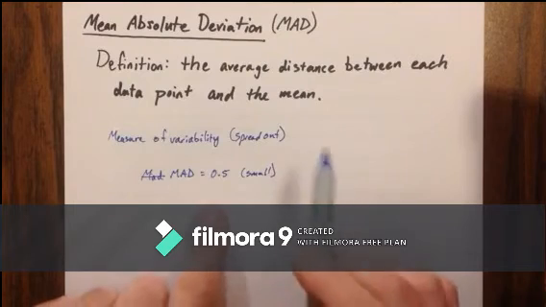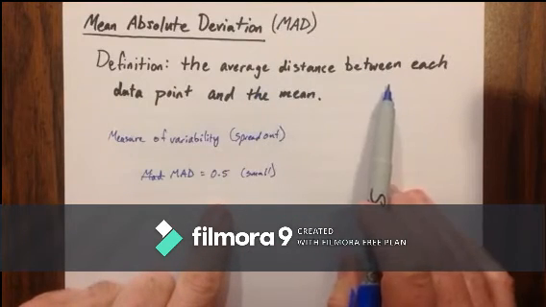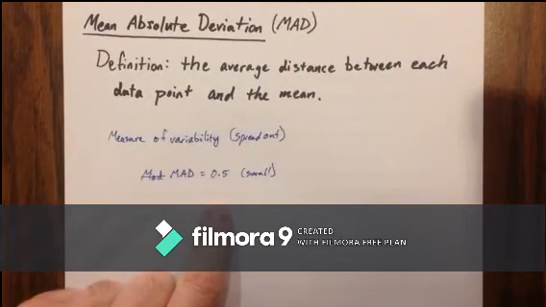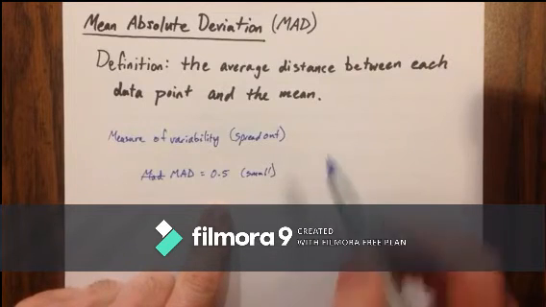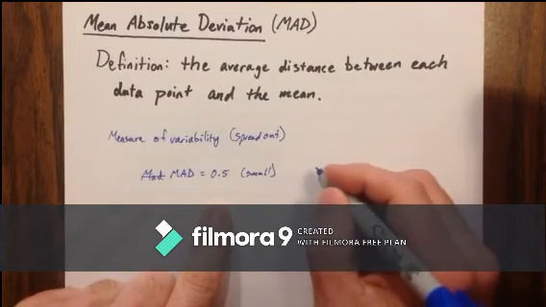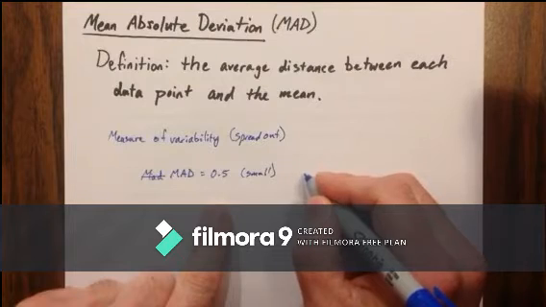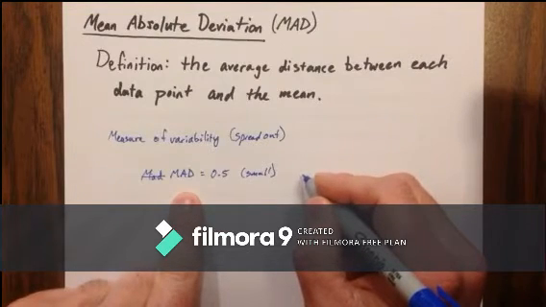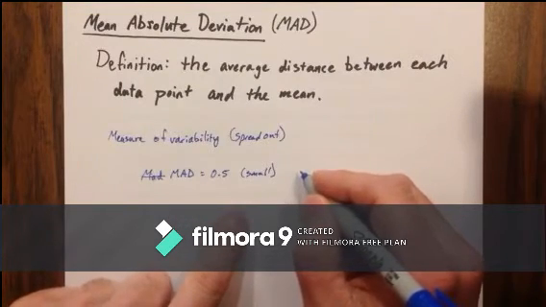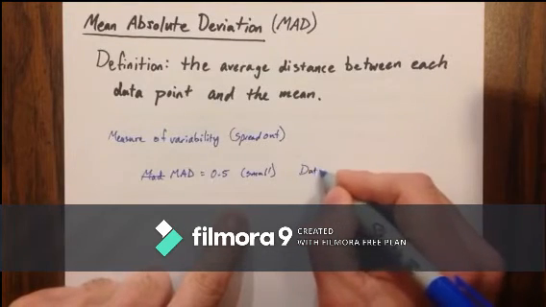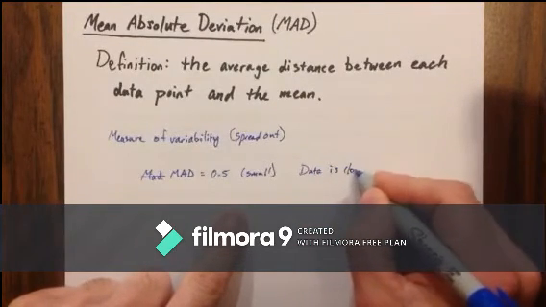Think about it. This is the average distance between each data point and the mean. This means, on average, the data is 0.5 units away from the mean. So this is a small mean absolute deviation, and the data is close together.